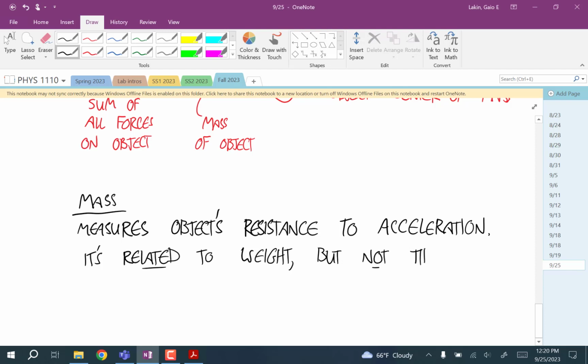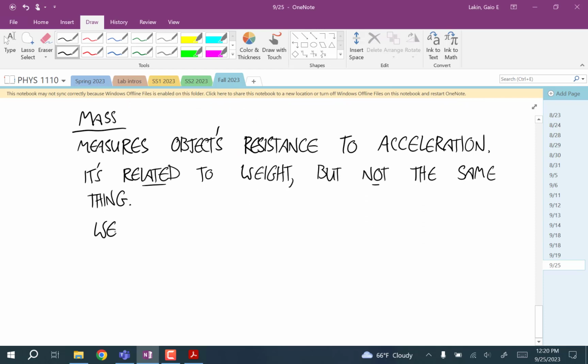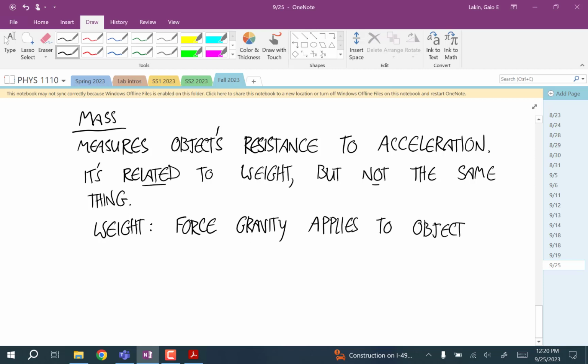Weight is the force that gravity applies to an object. And mass is how hard it is to accelerate an object.